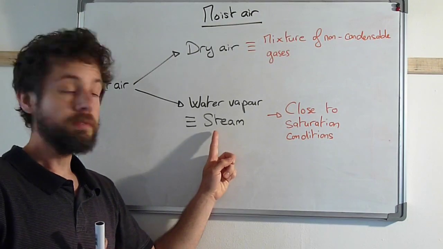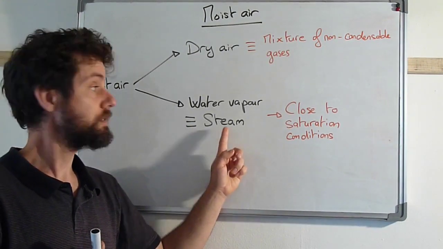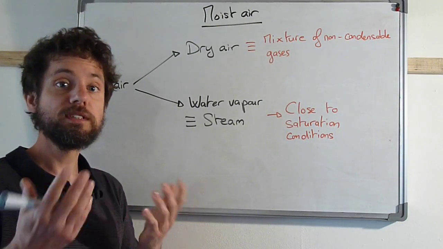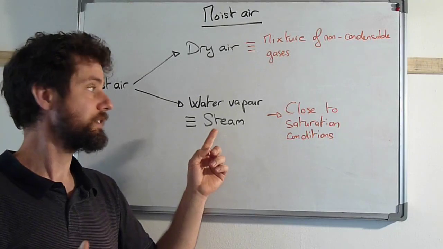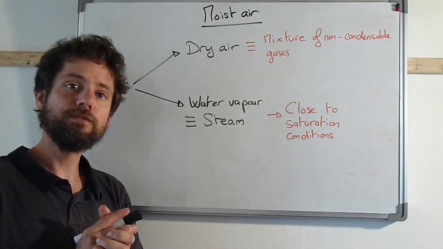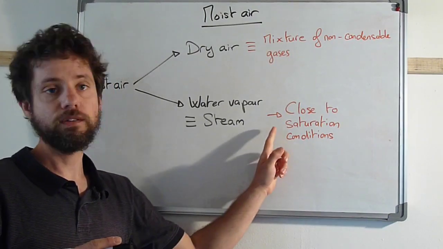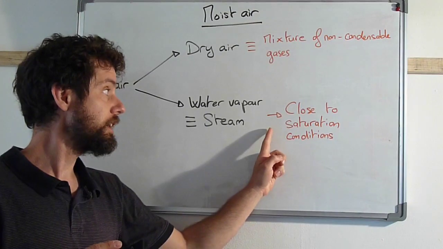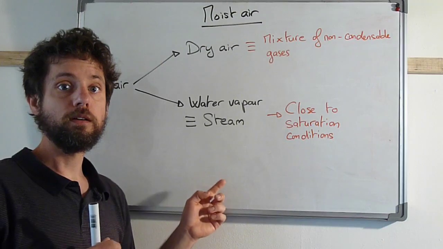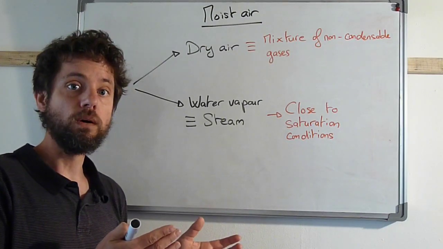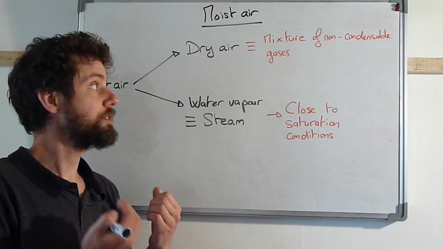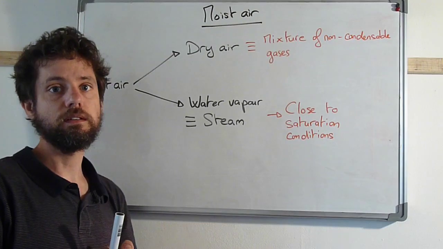For the water vapor, that is also called steam, so these two words are equivalent. One specificity is that the water vapor that is present in moist air is not very far from saturation conditions of water, so it may happen that some of the water vapor may in some cases condense, or that liquid water in contact with moist air may also evaporate.